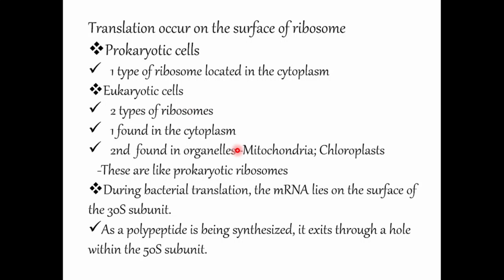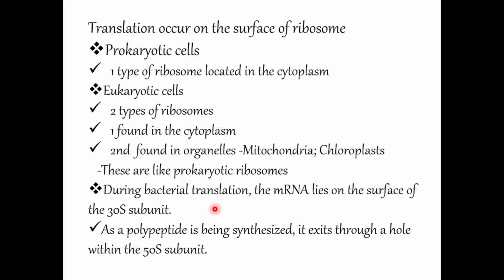The others may be on other organelles like the endoplasmic reticulum, mitochondria, chloroplast, and so on. So the process of protein synthesis is carried out on this machine. During bacterial translation, messenger RNA should be laid on the surface of the ribosome.